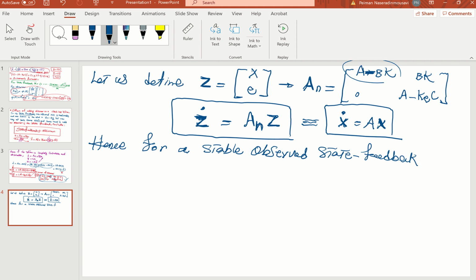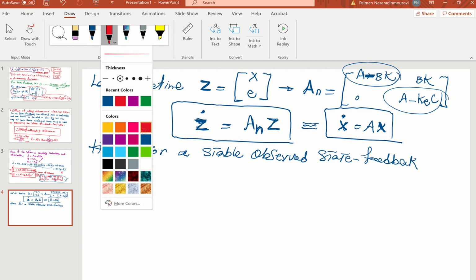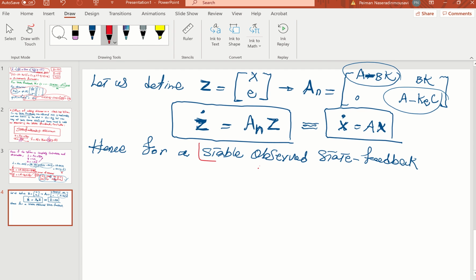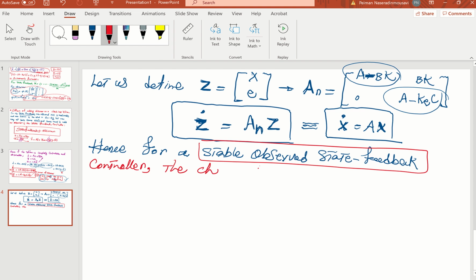Because we have state feedback and observer in the same place. So I'm just putting on the red box: stable observed state feedback controller, the characteristic equation.